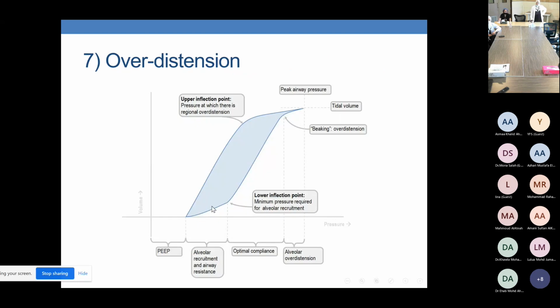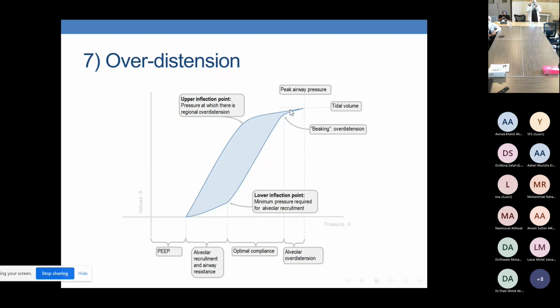Again, with the pressure volume loop, if there is a peaking in the flow, this is related to overdistension. So when there is a peaking here, it means that there is overdistension.